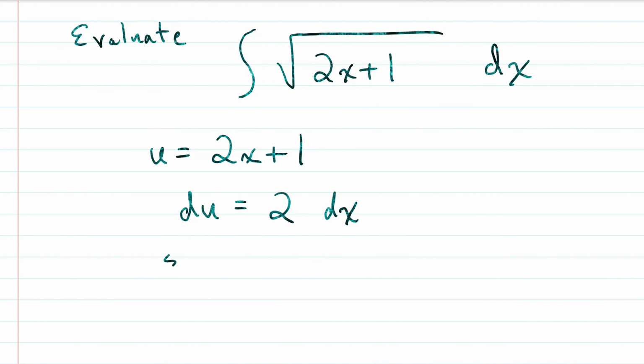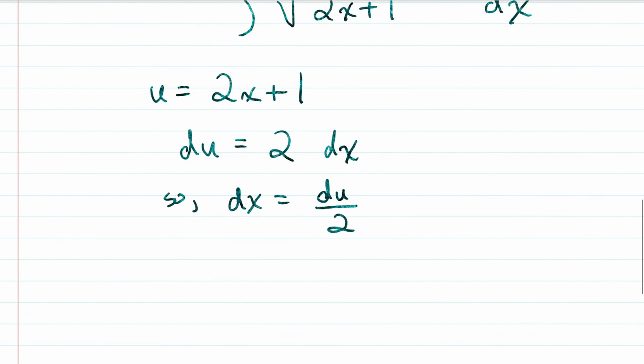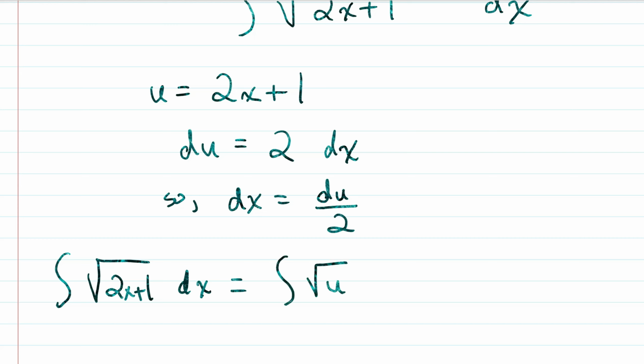So now we can say, okay, let's see what dx is equal to. Just by doing some simple algebra, dx is equal to du over 2, right? To solve for dx, you just divide both sides by 2. So now the substitution rule gives us, if we were to rewrite the integral of the square root of 2x plus 1 with respect to x, I can rewrite that as the integral of the square root of u.